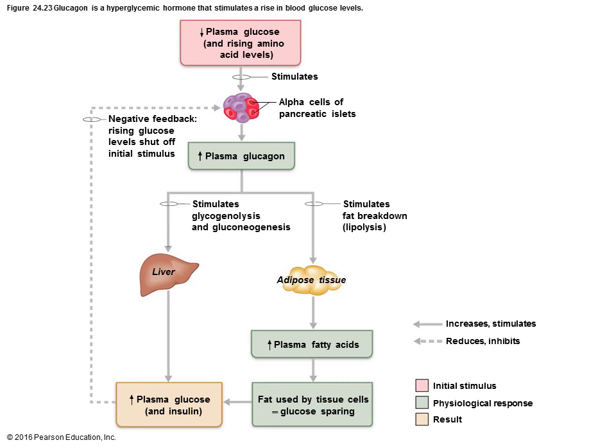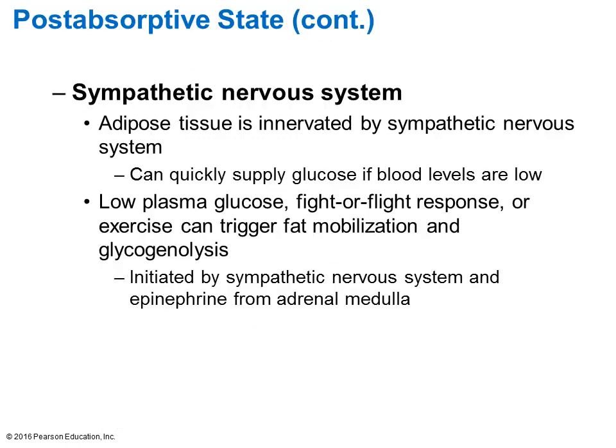So this is once again showing some of that negative feedback that you have as the glucose levels are decreasing. The negative feedback goes back and turns off. Okay, stop releasing the insulin now. If glucose levels are low, adipose tissue can be innervated by the sympathetic nervous division to go ahead and release a quick supply of glucose if necessary.